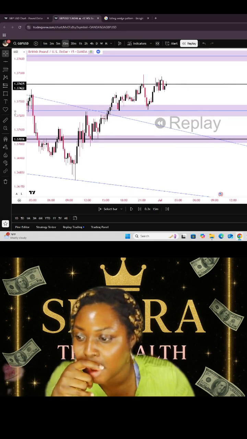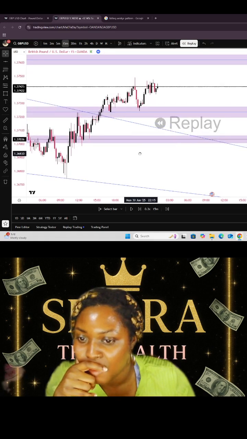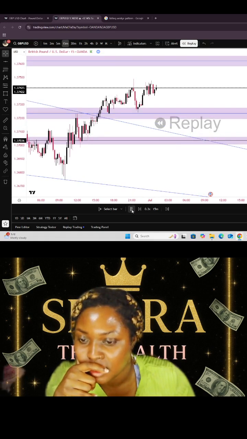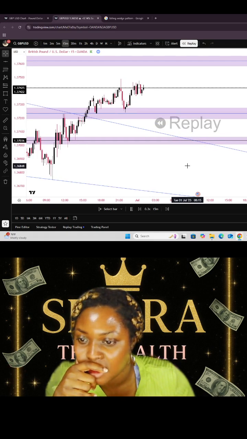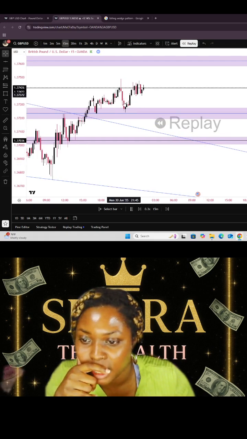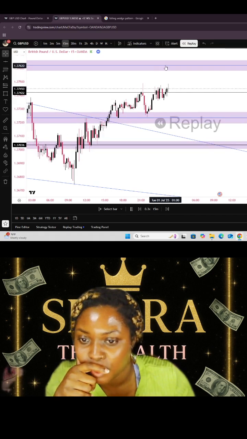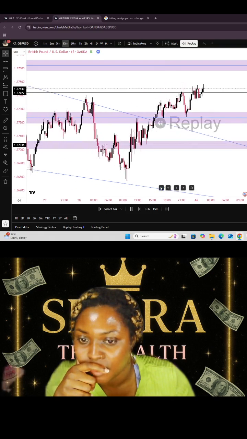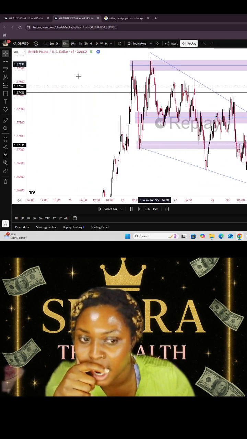I want to look for my major sells or my major buys. So we're just watching it. Although this was a break and retest, price continue higher. I want to see if price is going to come back up here, back to my major high.